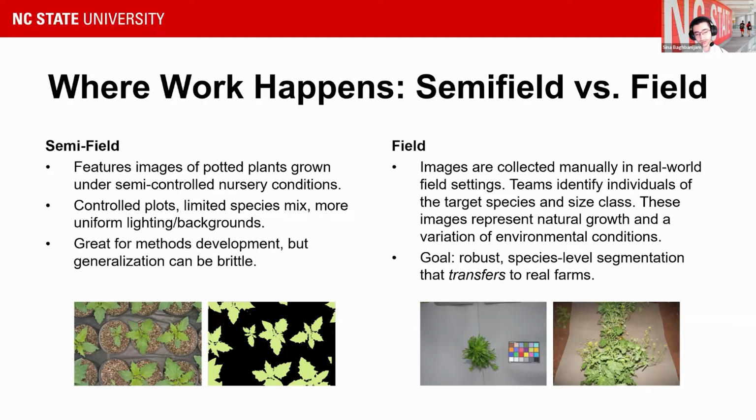This gives us quite a lot of images, and each image contains multiple types of crops. It could have weeds in it, and it could have different types of plants that are in the field. It's not just a single plant that we are interested in.